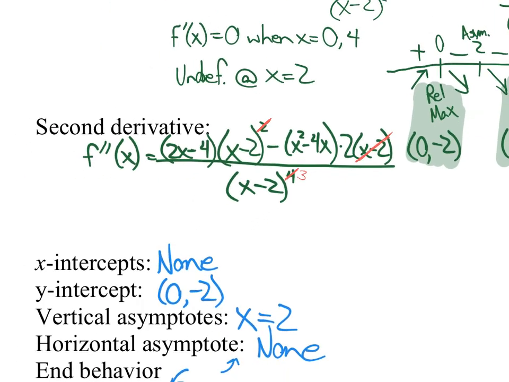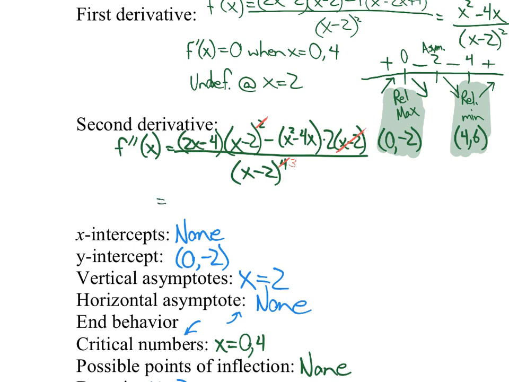And now it's just a matter of FOIL and simplify. So I'll do that real quick here. 2x squared minus 2x squared is gone. I've got a minus 8 minus 4 is negative 12 plus 8 is a minus 4x. And then I have just a plus 8, and that's all over x minus 2 cubed.